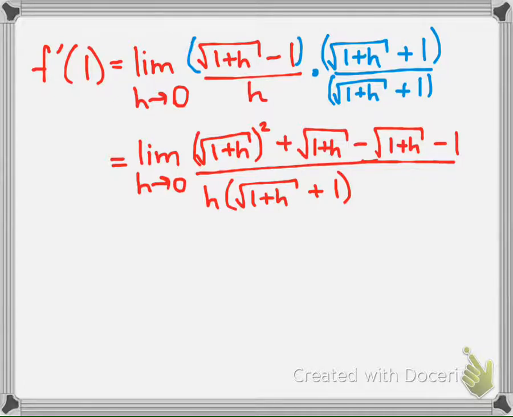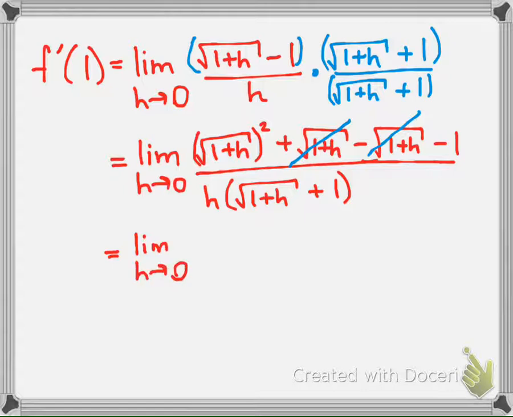Make sure that you can get that by multiplying those out. And then you should see you get some cancellation. First of all, square root of 1 plus h squared is just 1 plus h. Square root and square are inverse functions of each other. And the plus square root of 1 plus h and minus square root of 1 plus h cancel each other.